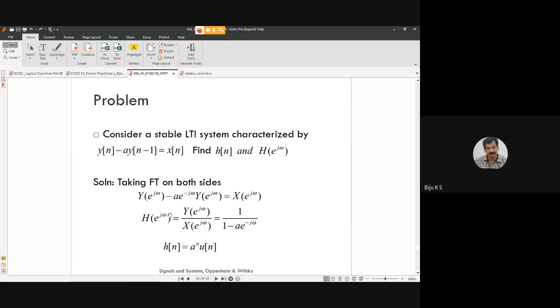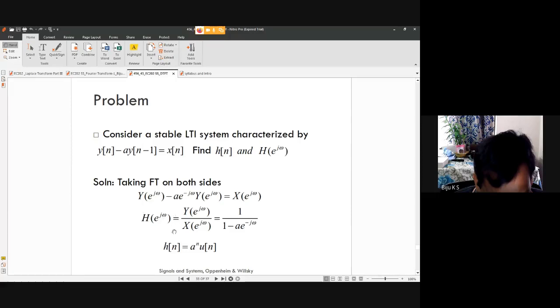So the frequency response consists of two plots. One is the magnitude plot and the other is the phase plot. For the magnitude plot, you have to take the magnitude, the modulus, of H of e raised to j omega.